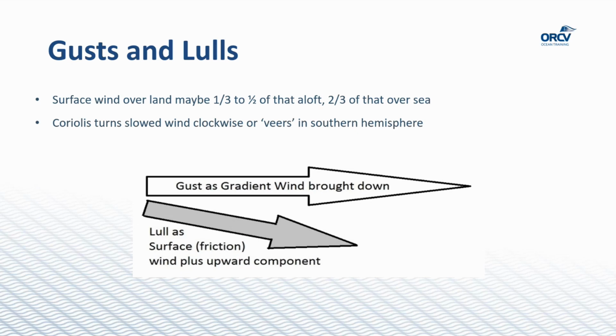And the aircraft turns to the right because it has to get to where the destination is. So the thing to remember is that when a wind comes down to the surface and encounters friction, it will change direction to the right, generally 15 or 20 degrees.